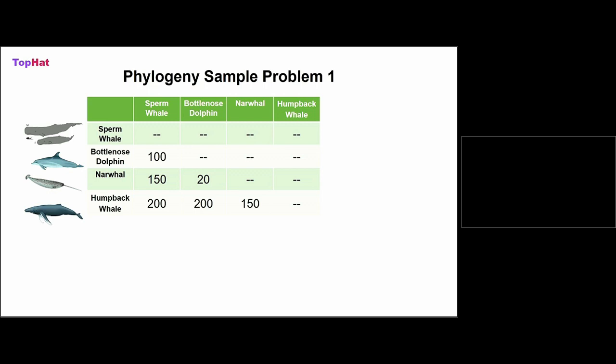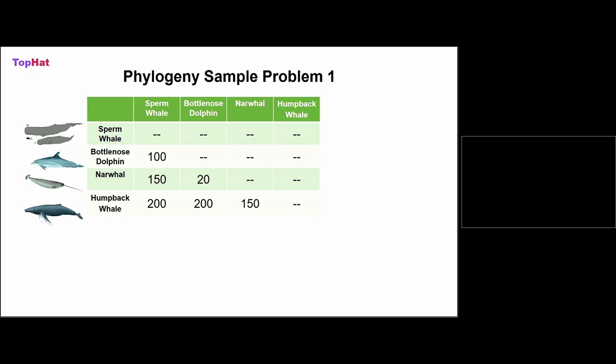It's 20. All right, so if we're going to create our phylogenetic tree, what we're going to assume is, the 20 between the bottlenose dolphin and the narwhal, technically that meant that there were 2% of differences between those two sequences. You can also just think of it as representing 20 changes. It's not exactly what it means, but it's kind of the same idea.